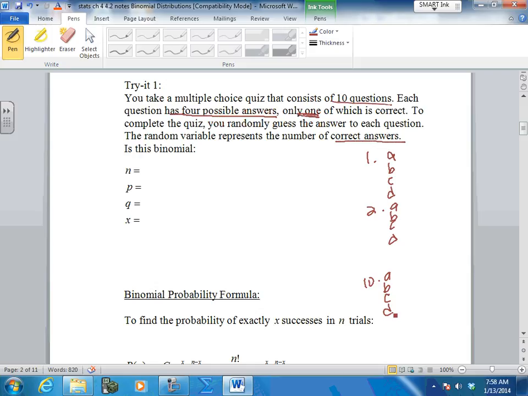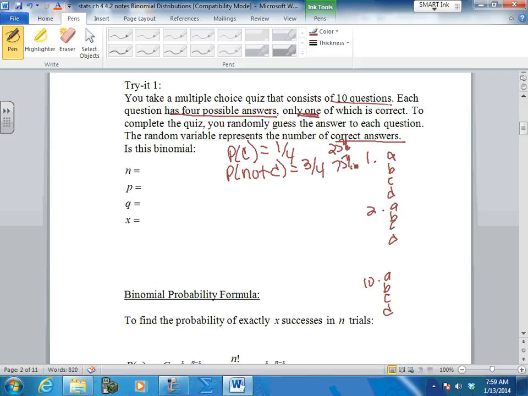How many answers are correct? 1. So your probability of getting this correct is 1 out of 4. Your probability of getting it wrong is 25% versus 75%.